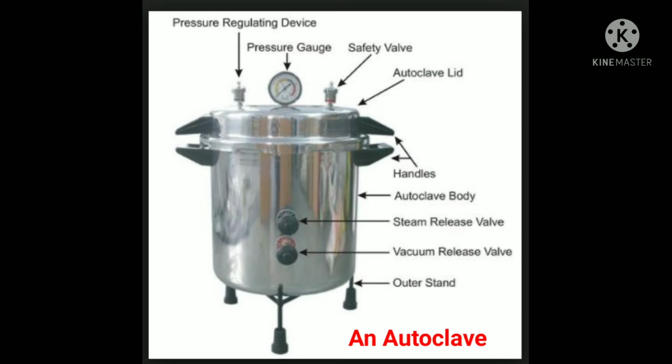The air initially present in the chamber is forced out until the chamber is filled with saturated steam and the outlets are closed. Hot saturated steam continues to enter until the chamber reaches the desired temperature and pressure, usually 121 degrees centigrade and 15 pounds of pressure.